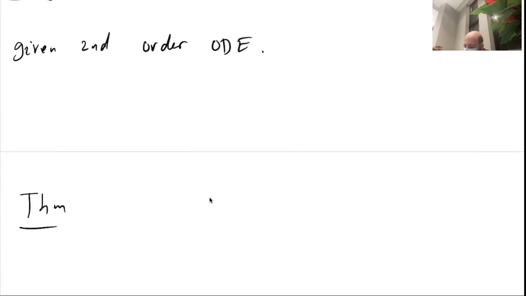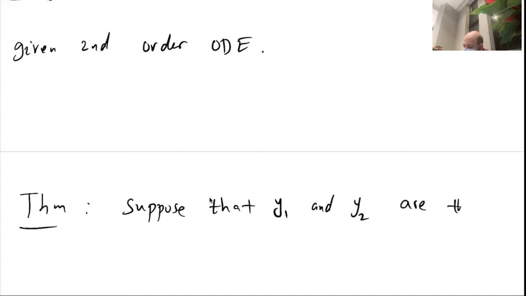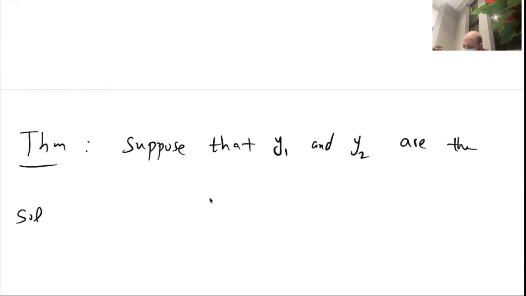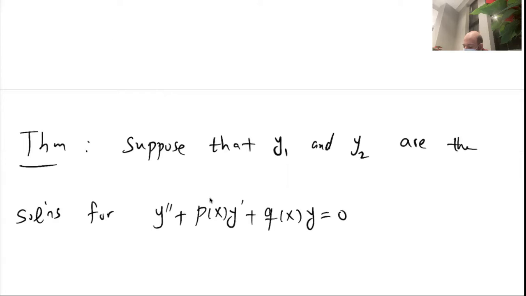So, theorem here. Suppose that y1 and y2 are solutions for y double prime plus p of x times y prime plus q of x times y equals 0.